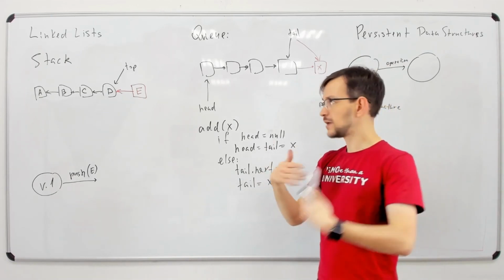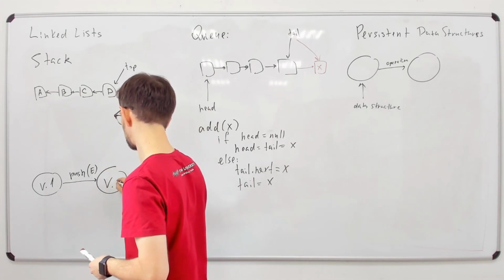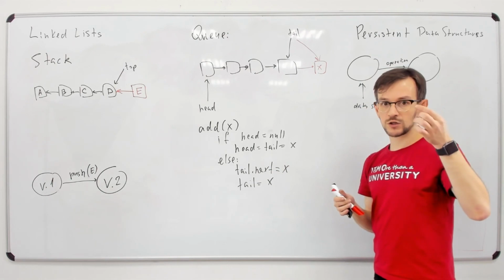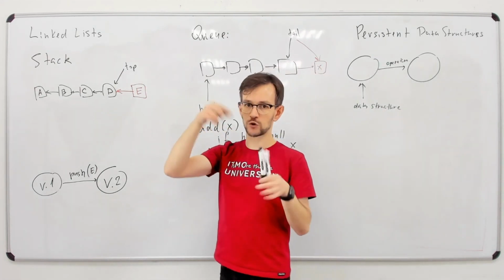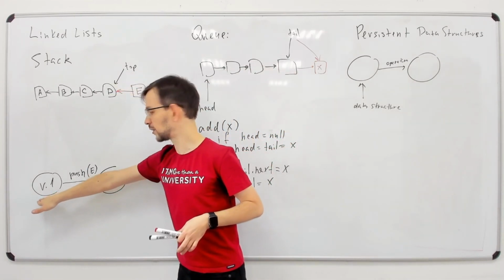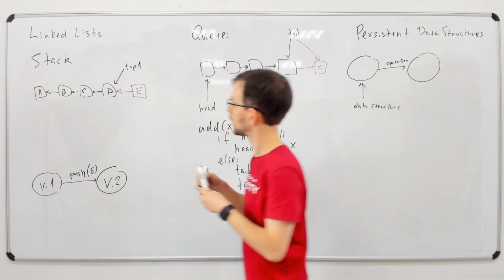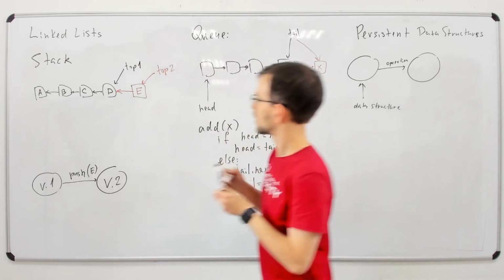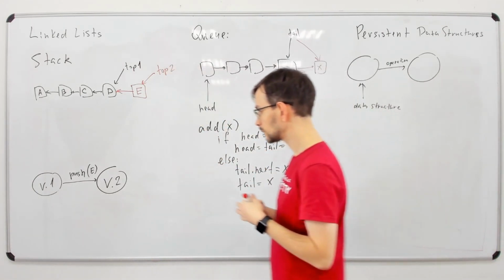And if you want to maintain both versions of the stack, this version 1 and this version 2, you just maintain two pointers to the top elements of the stack. This will be the pointer to the top element of the version 1 stack, and this will be the pointer to the top element of the version 2 stack.